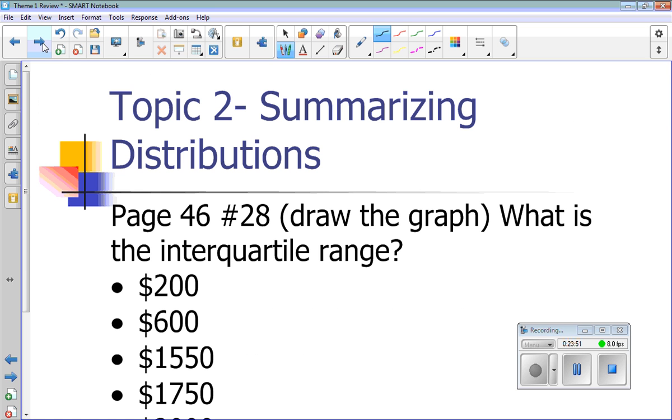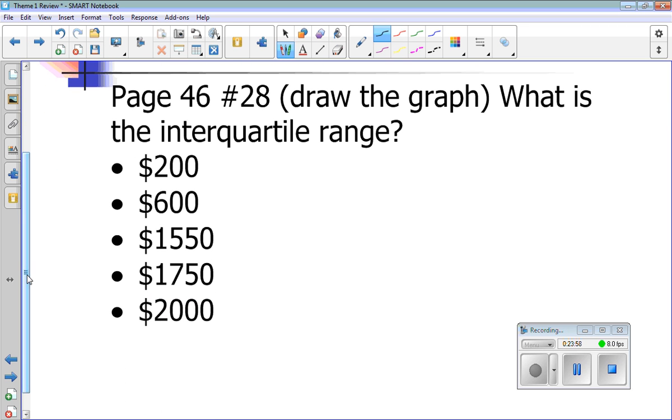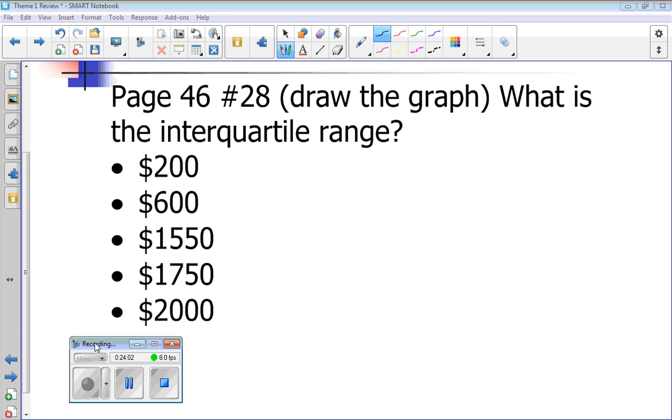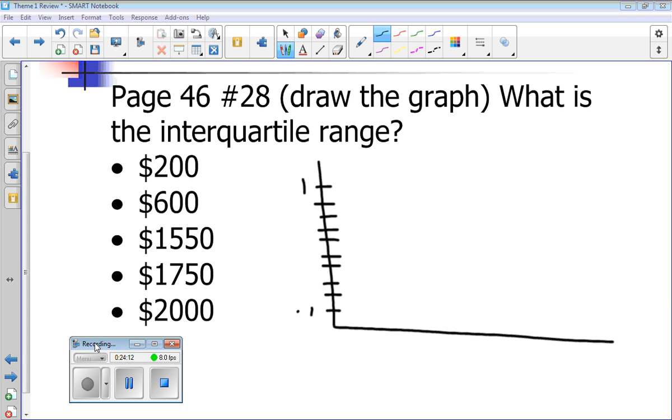So I'd like to look at 46 because I want us to be able to answer this question. Notice how I said to myself, draw the graph. That doesn't help you if you didn't have it. So I'd like to look at it right now. Let me go ahead and draw this graph for you, and then let's decide what kind of answer we're going to have. I'm just going to give you a kind of scale here.